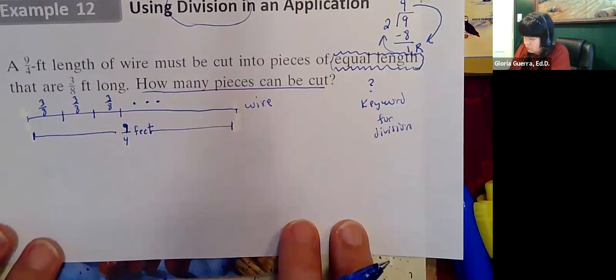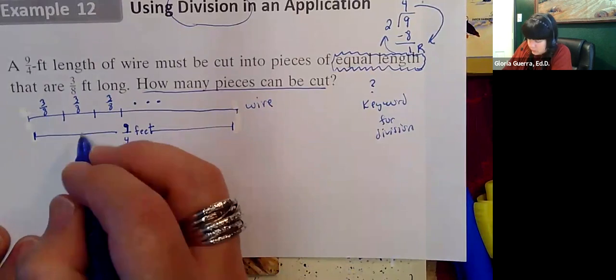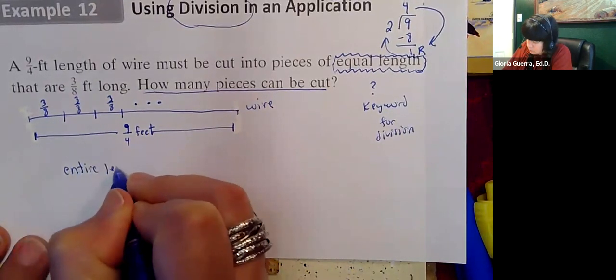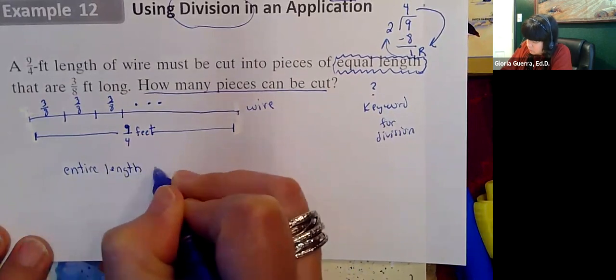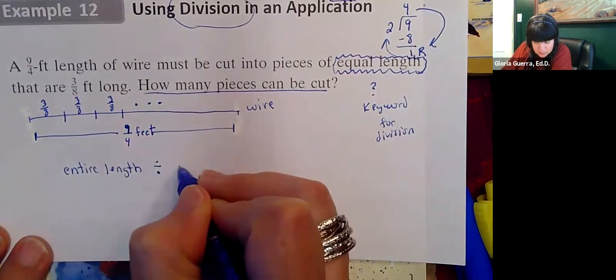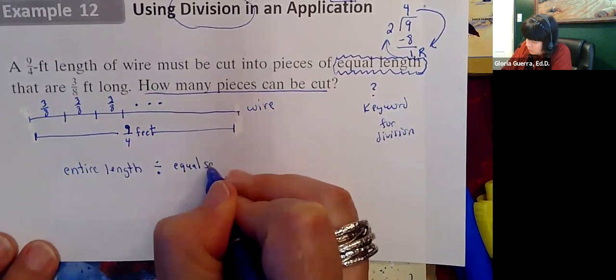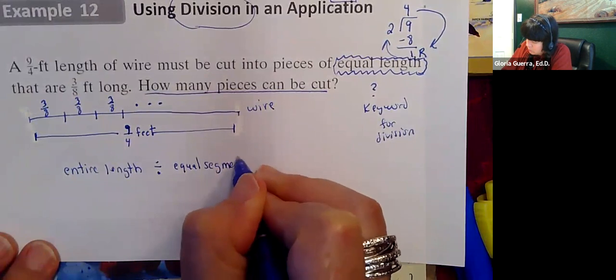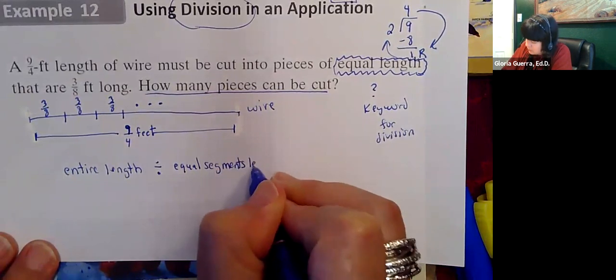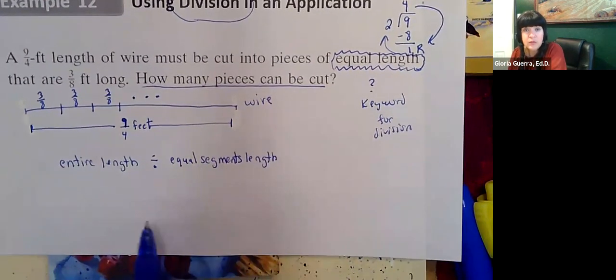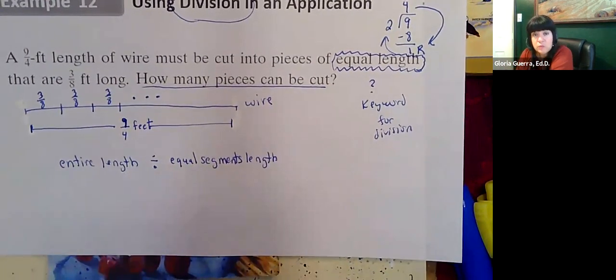So if you take your entire length and divide it by the equal segment length, we're going to use division. But then what goes first? How do we set it up? A number divided by another number.